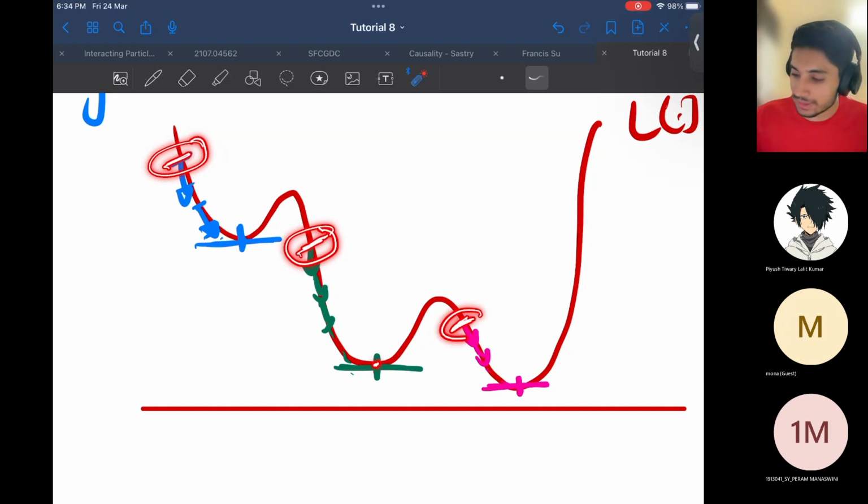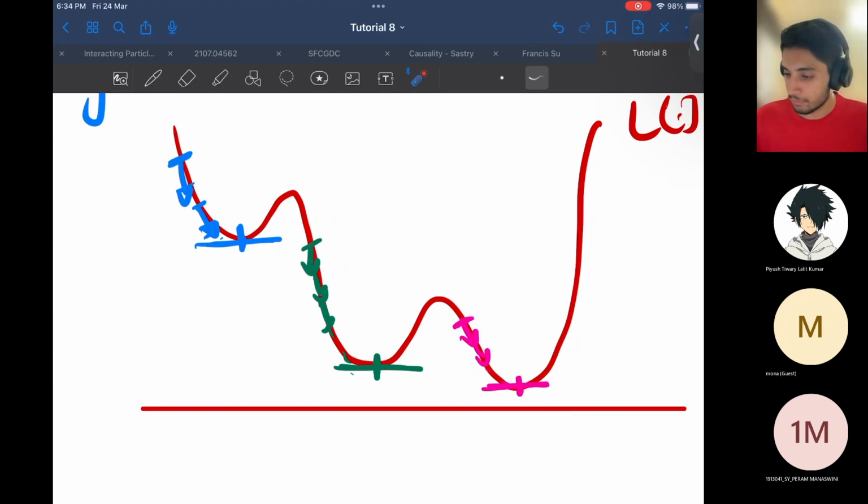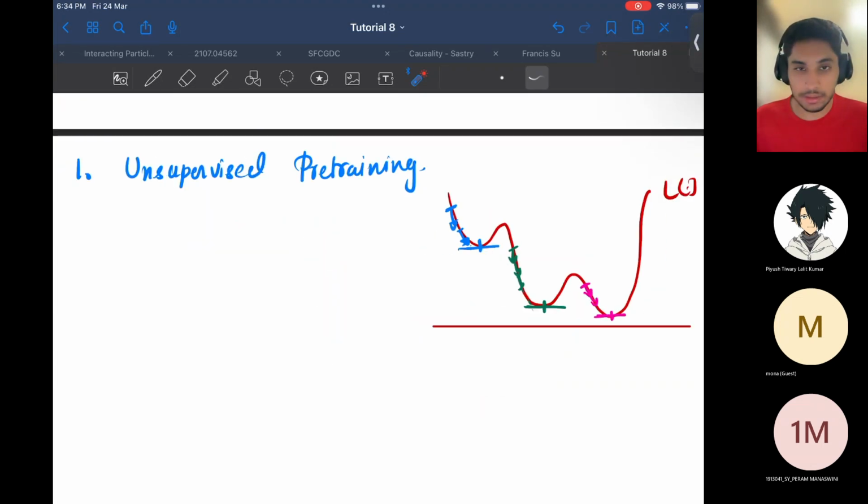However, this point is the best initialization because the value of the loss function here is the least you can obtain, right? I hope this motivates the fact that initialization is something very important and you need to keep in mind. Okay.